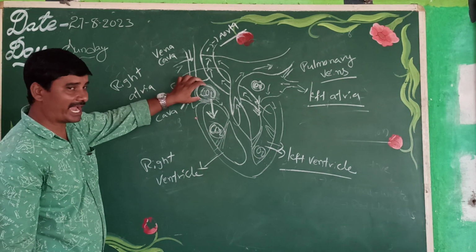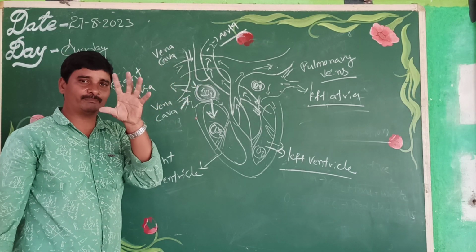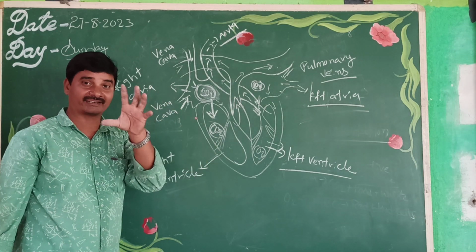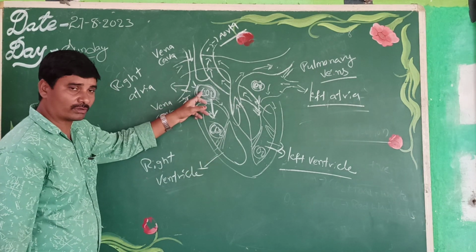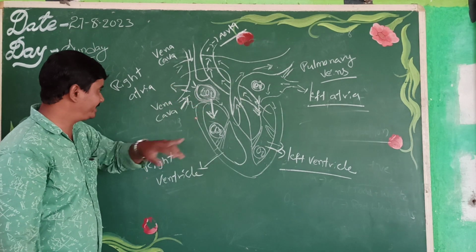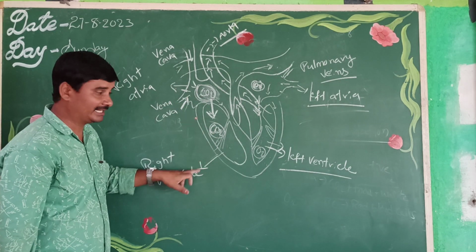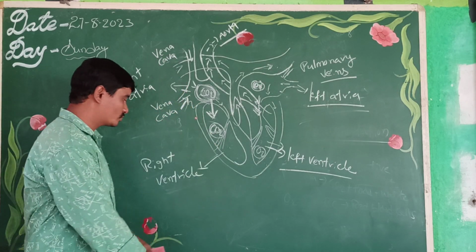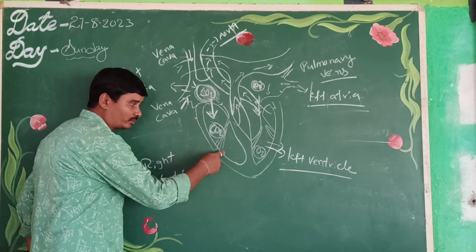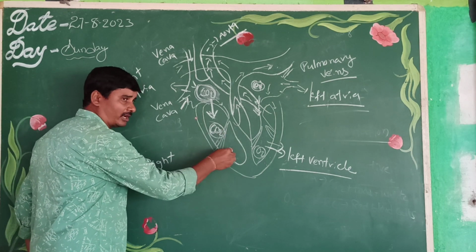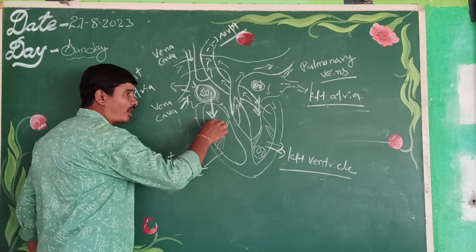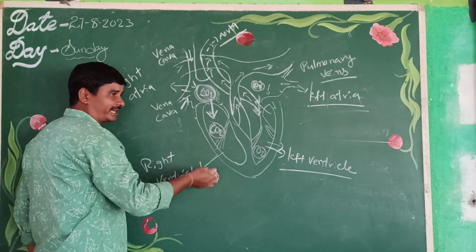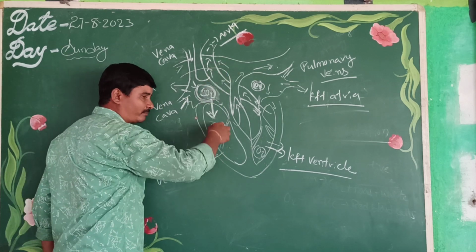When the right atrium contracts, the right ventricle is relaxed. When the right atrium contracts, blood enters the right ventricle, and then the right ventricle will start to contract. When the right ventricle contracts, the blood is sent outside from the heart to the lungs.